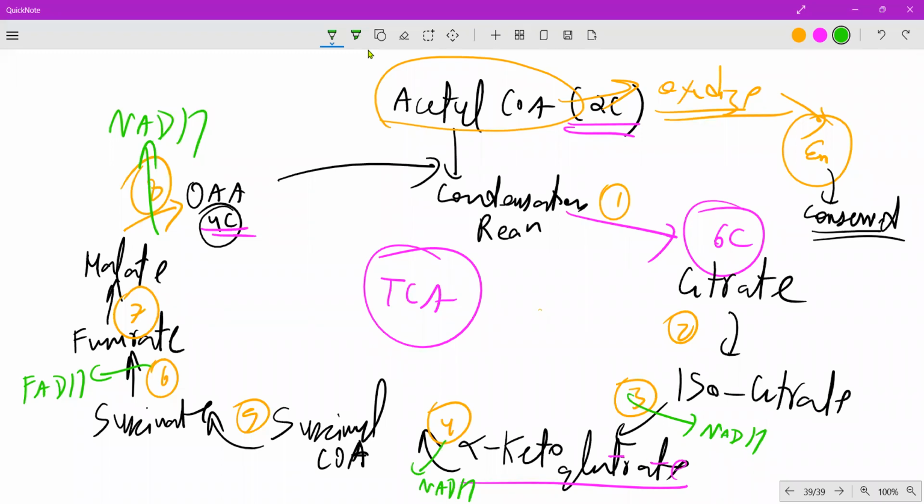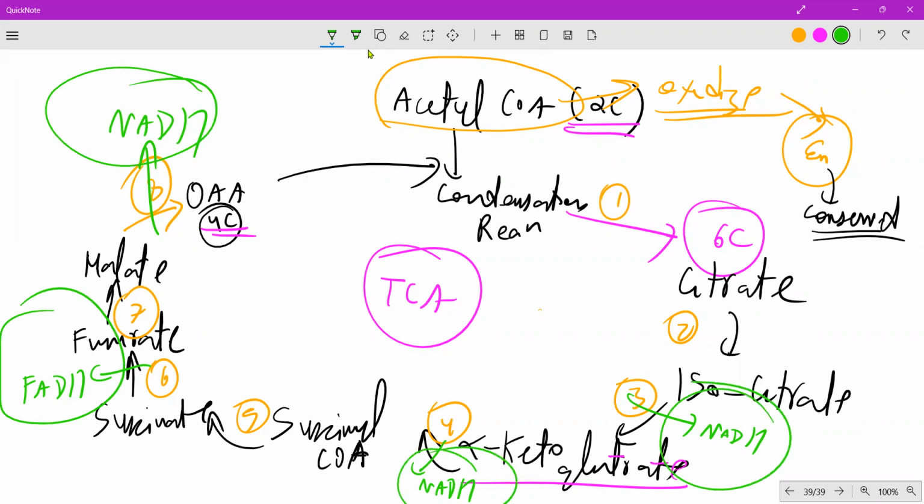That means out of these 8 reactions that we see, in 4 reactions, energy conservation will take place. तो 8 में से जो 4 reactions हैं, वहां पे some energy conservation is taking place. And we are getting reduced coenzymes. That means the energy of glucose, we started with the glucose. The energy of glucose now has come inside this NADH, FADH.